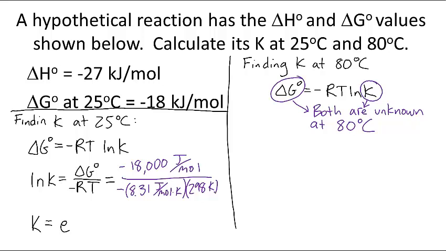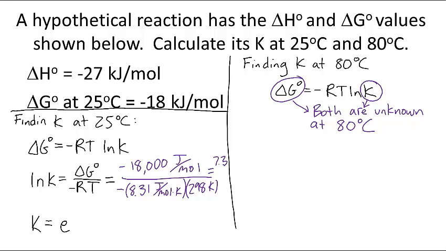So what value do you get for that? So the question was, why is it 18,000? It's negative 18 kilojoules per mole. I want joules and kilojoules to be able to cancel. So this is positive 7.3. So then I have natural log of K equals 7.3.